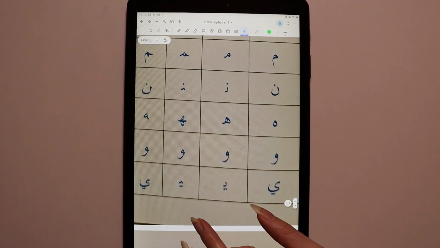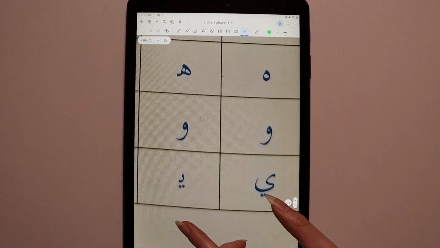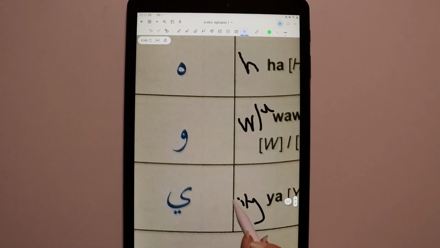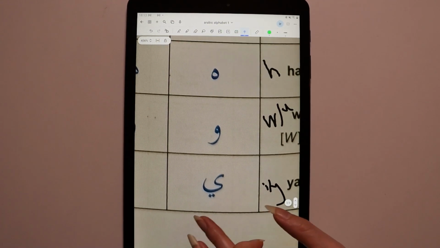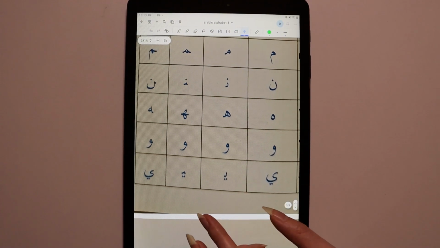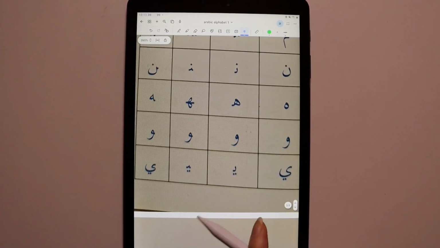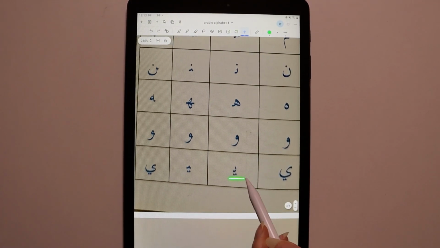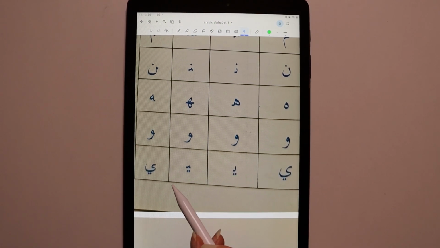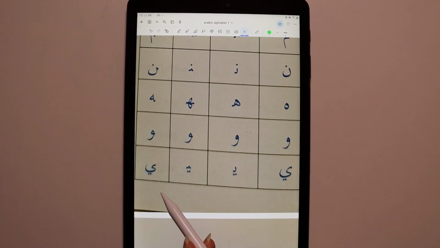And then we have the ya. The ya, as I said, this is like an I or a Y. And yeah, the beginning and the middle forms look like ba, ta, tha, and the noon forms.